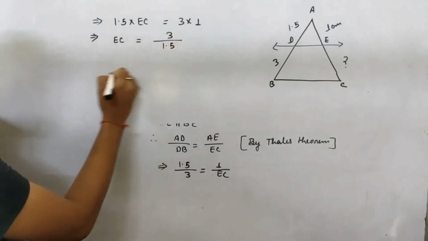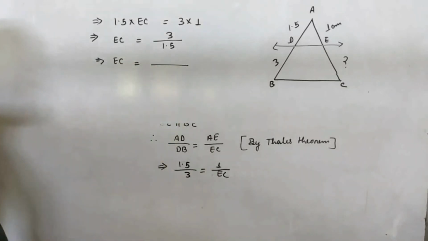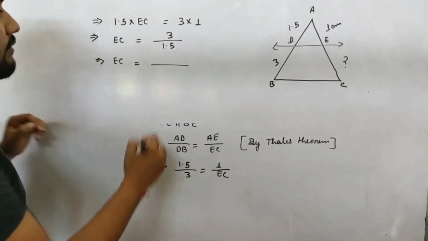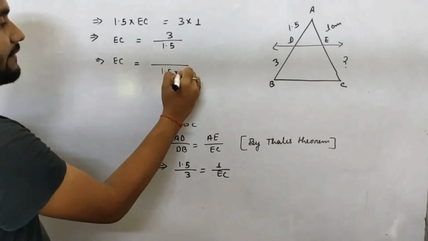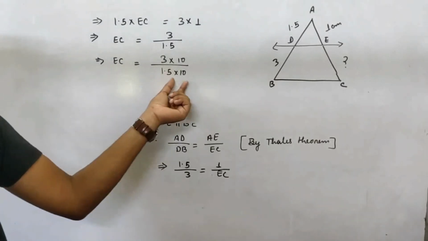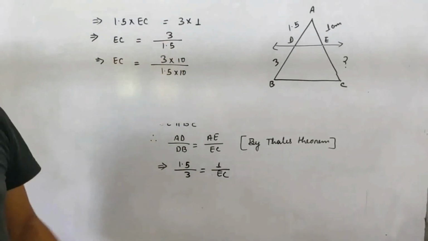Now EC will be equal to 3 by 1.5. The point is there, right? Before, how many decimal places? One decimal place. So I can multiply by 10. If you multiply the denominator, you have to multiply the numerator also. So I have multiplied both numerator and denominator by 10.